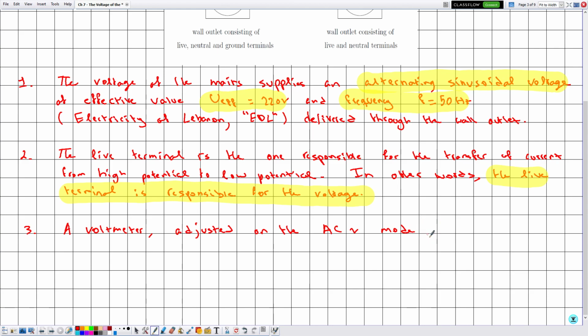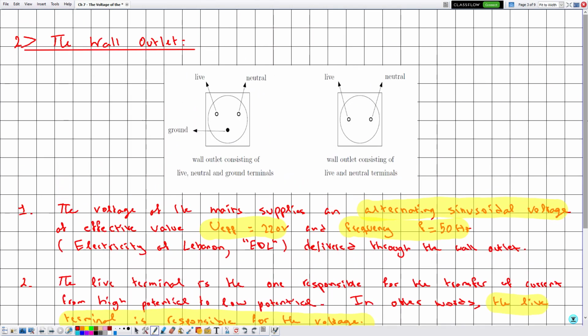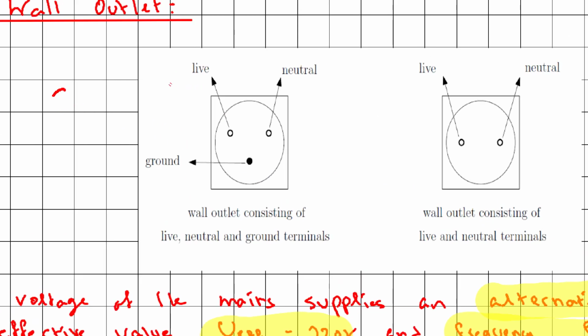So let's say a voltmeter adjusted to the AC mode indicates. Let me say here we have idea A, idea B, idea C. Now, the voltmeter has two terminals.